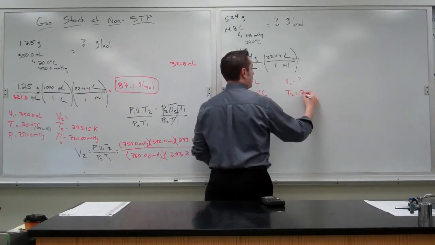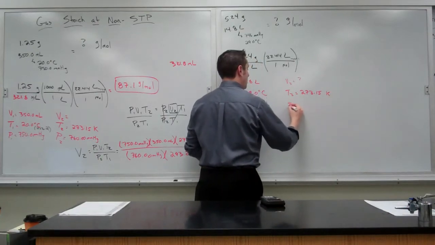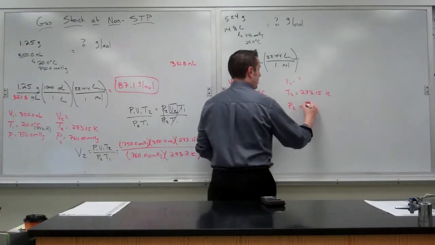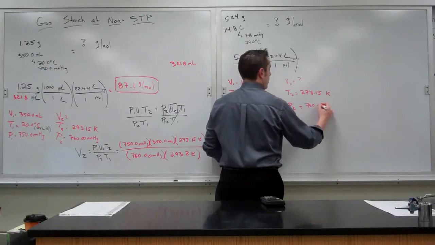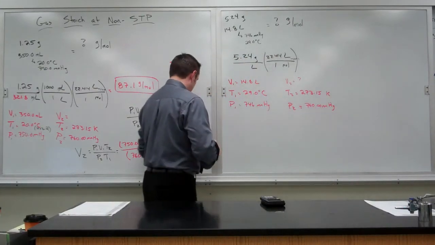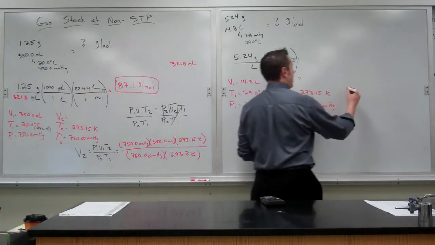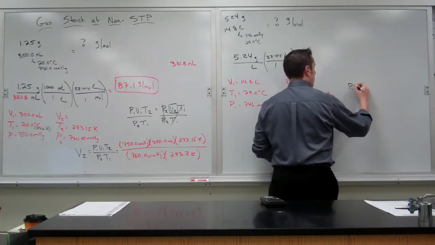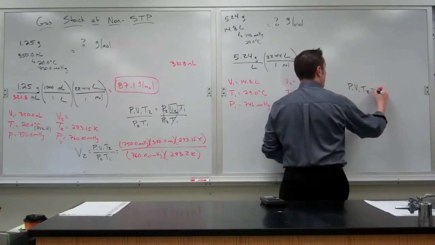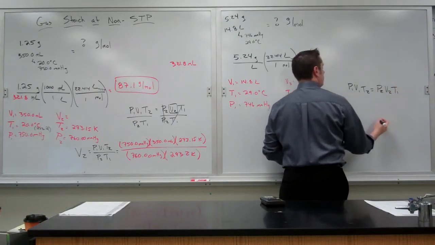T2, standard temperature, 273.15 Kelvin. P2, standard pressure, 760.00 millimeters of mercury. Looks like a combined gas law again, which says P1 V1 T2 equals P2 V2 T1.